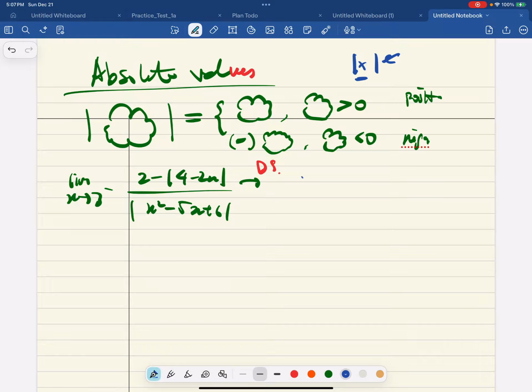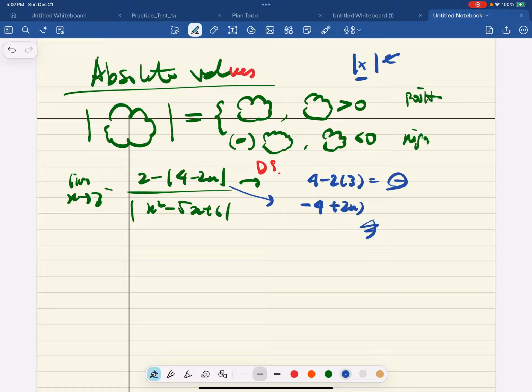So here, if you plug in normally, 4 minus 2 times 3 is a negative. What's going to happen? Well, this 4 minus 2x becomes a minus 4 plus 2x, or I should have done minus of 4 minus 2x, and then you distribute the negatives.